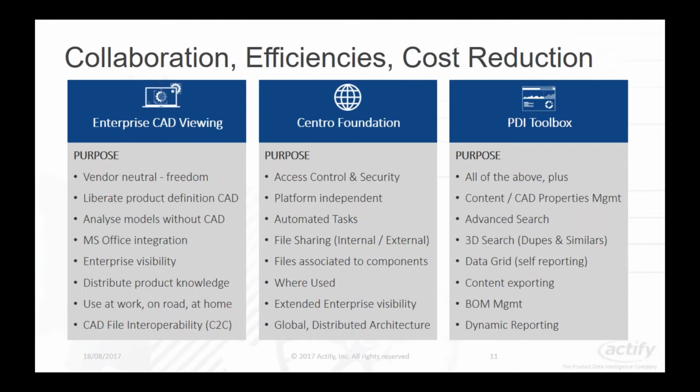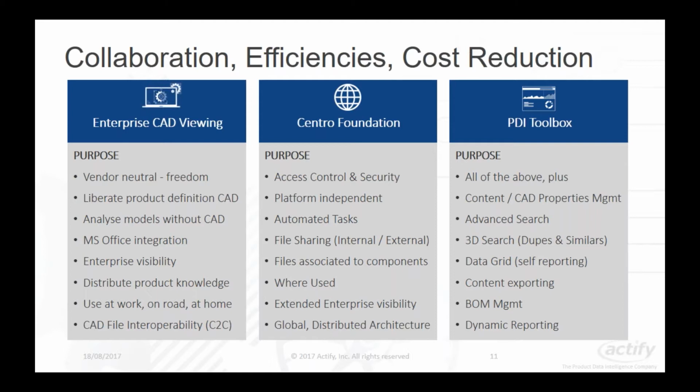It gets into advanced searching capabilities, so I could search on bounding box information or material information. It also has 3D indexing, so I recognize every model and automatically tell you if you already have duplicates of that part based on its physical shape and not just part numbers. Or is there anything similar?